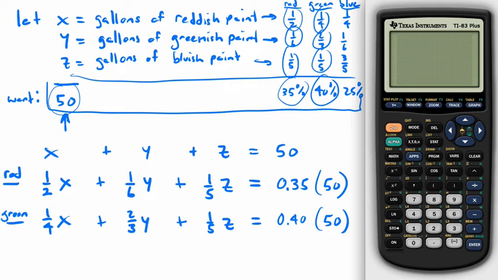But what I do want to point out, and what is probably pretty obvious from what I've written here, is that there's a blue equation. I could write this, and this is true.